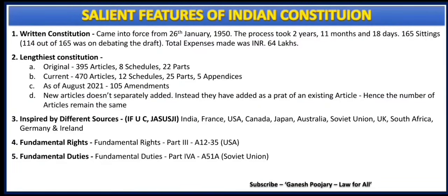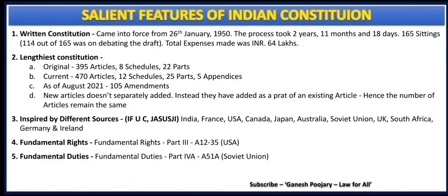I have already told the timeline story, the people involved, the Constituent Assembly with 299 people, all of that story. They sat in 11 sessions, that is 165 sittings, in which 114 sittings they utilized for debating on the draft, and overall in 2 years, 11 months and 18 days, they completed our constitution, and this constitution came into existence with the total cost of 64 lakhs.